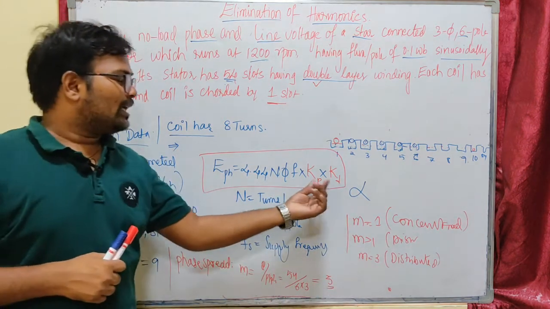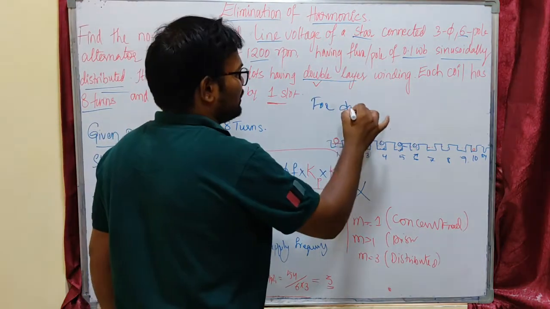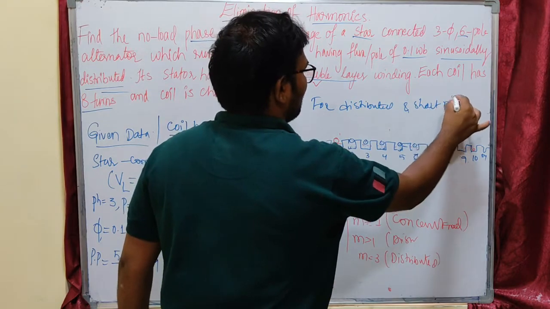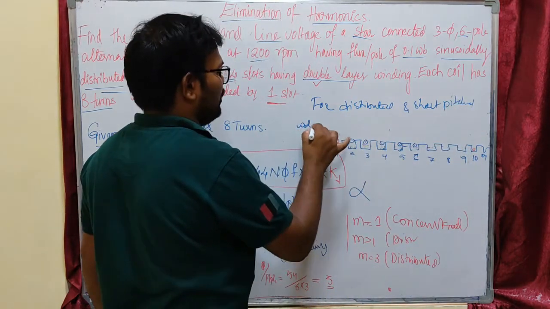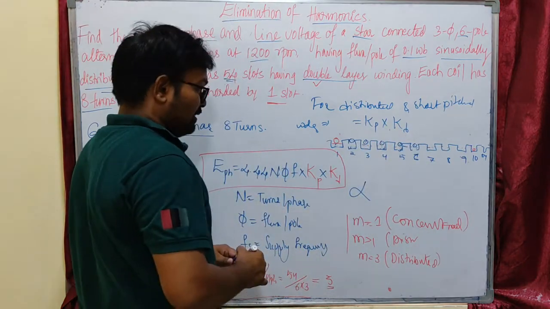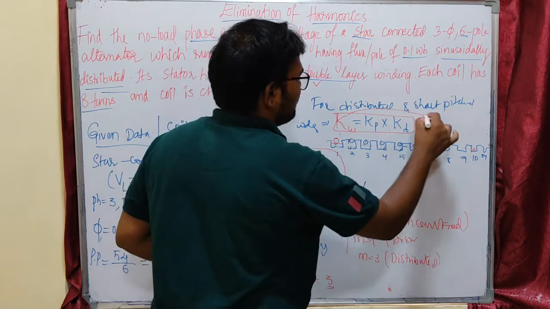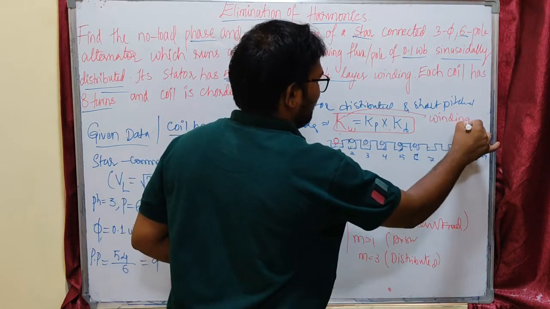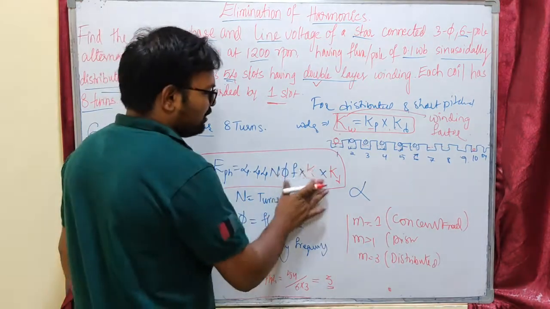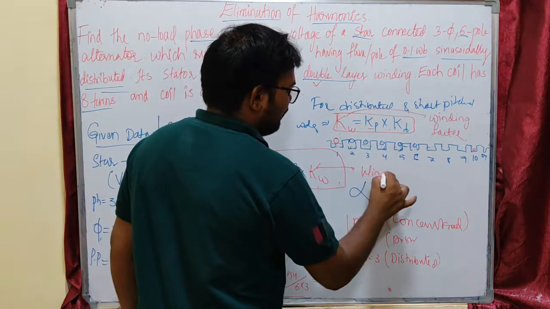So for a distributed and short pitched winding, we have to multiply with both Kp and Kd. These two multiplied together are called the winding factor Kw. Kp into Kd is called the winding factor, so here you can replace Kp into Kd with Kw.